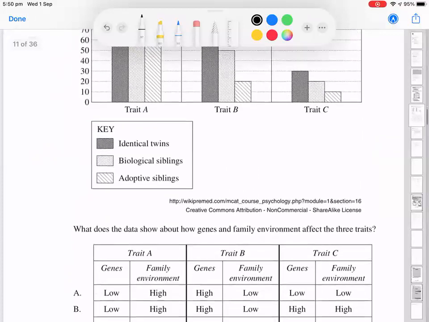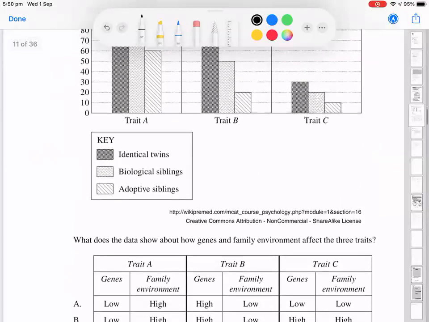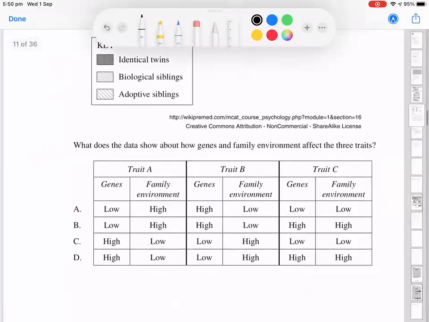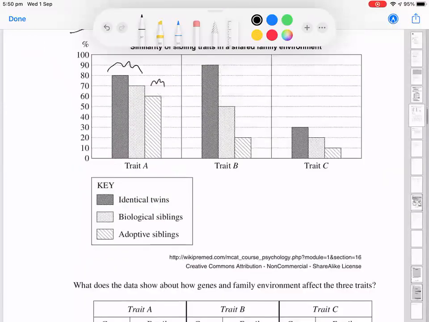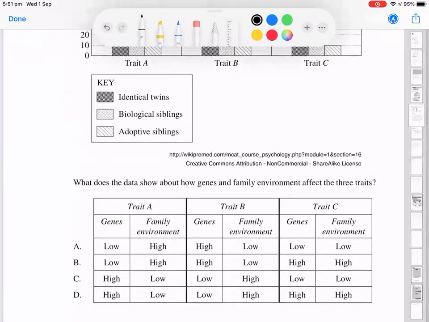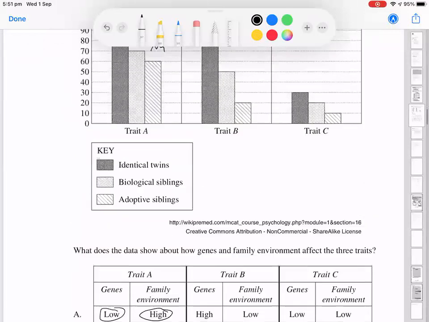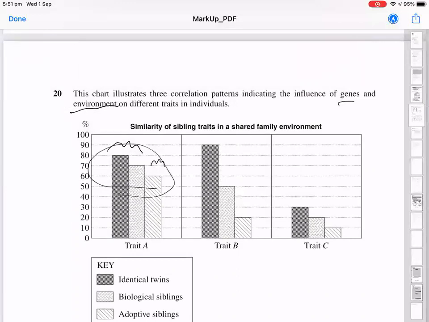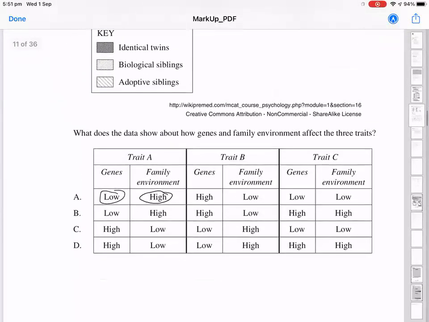So as you can see, the family environment in trait A is going to have a high impact, and the genes is pretty low. And that's because they're all pretty high and there's not that much of a difference here, proportional to the size. So then for trait B, there's a huge genetic impact here and not that much of an influence from the environment. It is going to be high and this will be low.